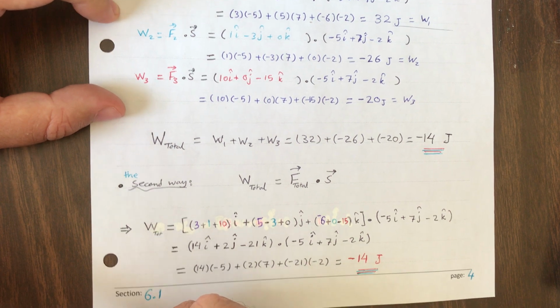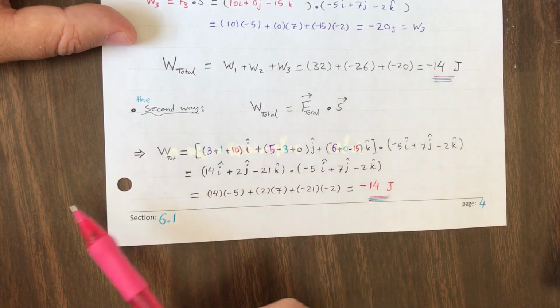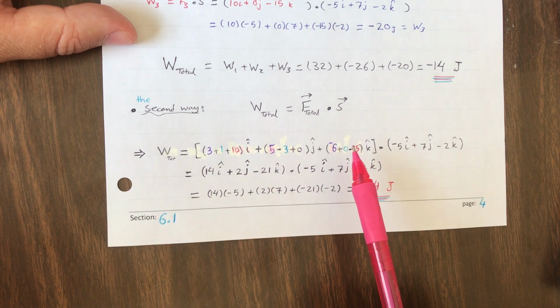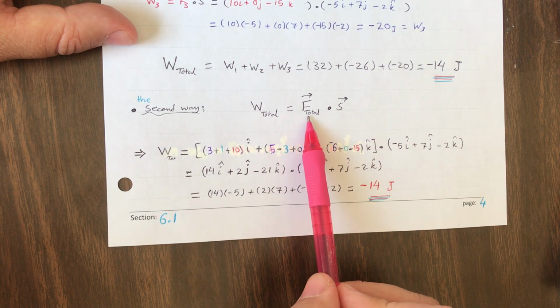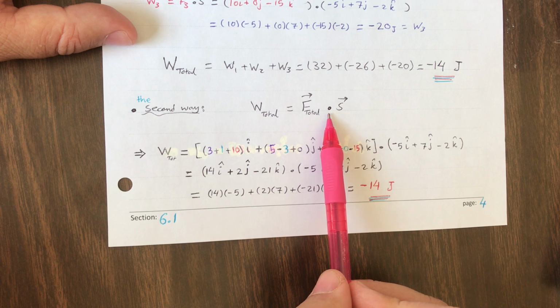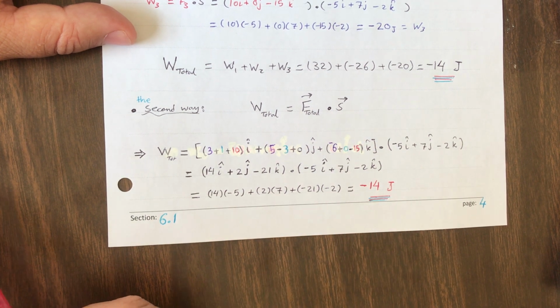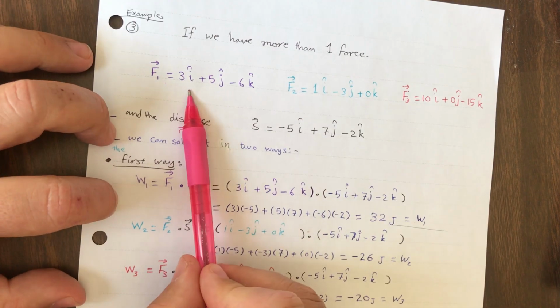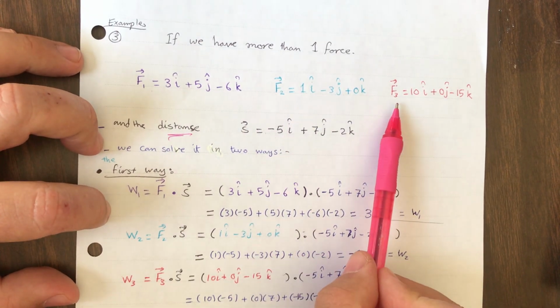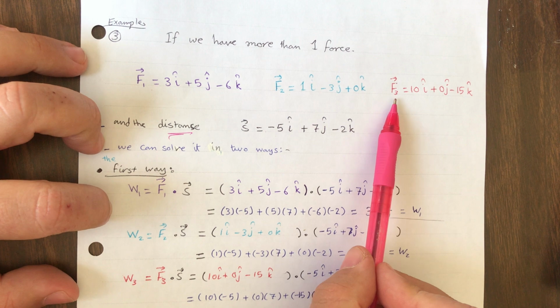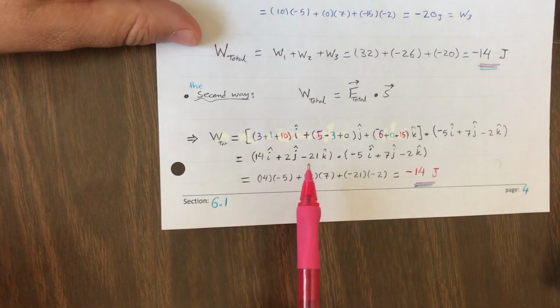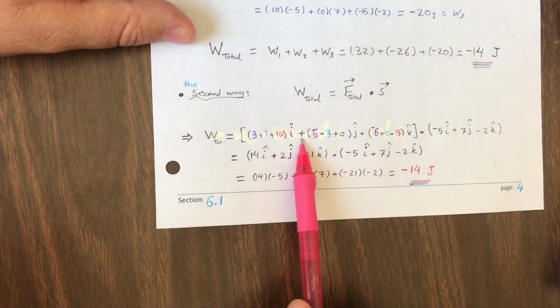Okay. Now we have another way to compute the work. The total work is equal to F total multiplied by the scalar product with S. We need just to add F1 plus F2 plus F3. Then we have a new vector, which is F total.